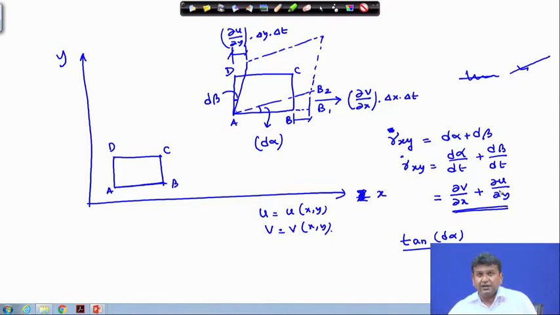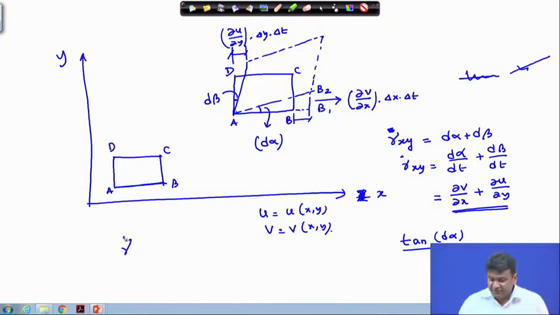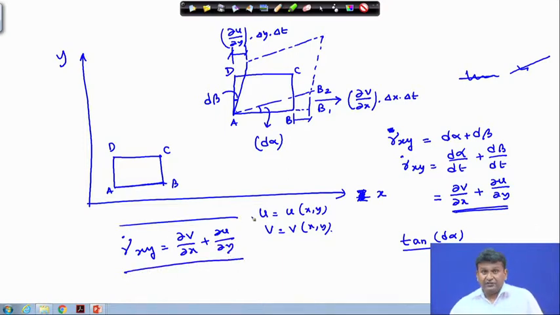So kindly take care to highlight all these minute aspects to the students, otherwise they have a tendency of mixing things up. What we were looking at is a particular xy plane, and what we have got is that the rate of angular deformation is the summation of these two derivatives, or I would say, loosely, the cross derivatives: how del u changes as a function of del y and how del v changes as a function of del x.